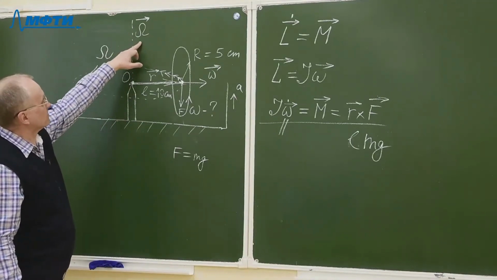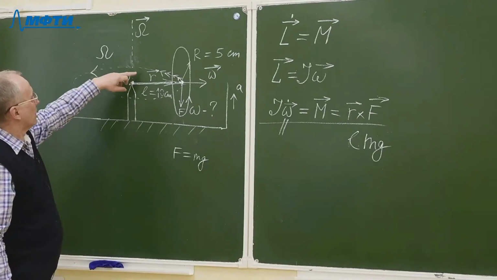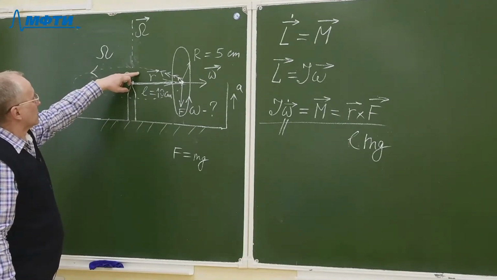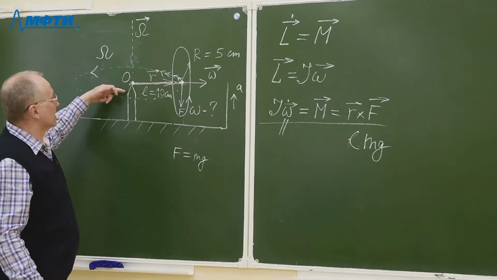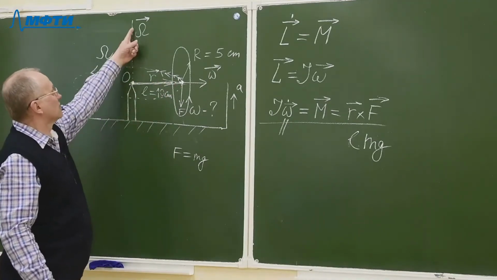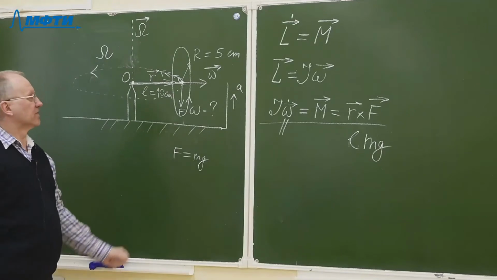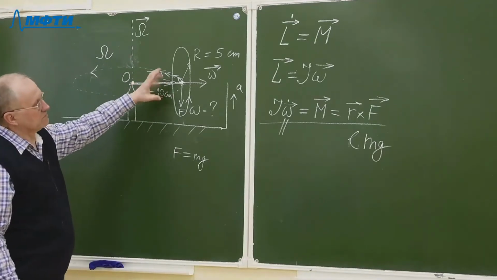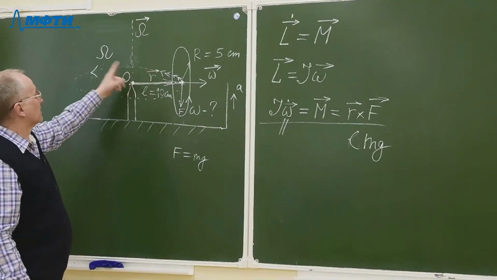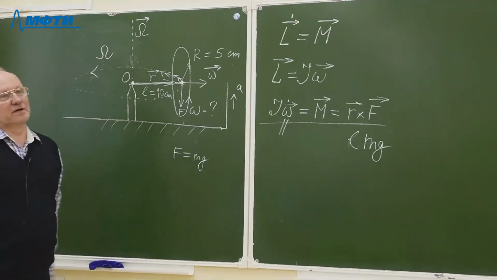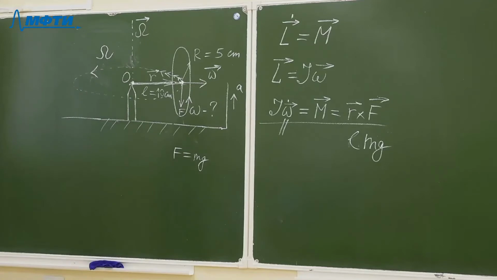This is the axis of precession of the gyroscope. So the axis of rotation of disk L is horizontal, and the axis of precession is vertical. Because rotation is very quick, and this is one sort of motion, and precession is another sort of motion. Each kind of motion has its own axis of angular velocity.